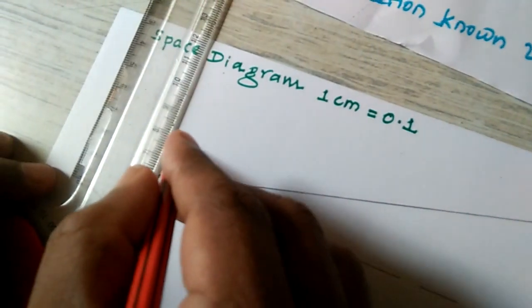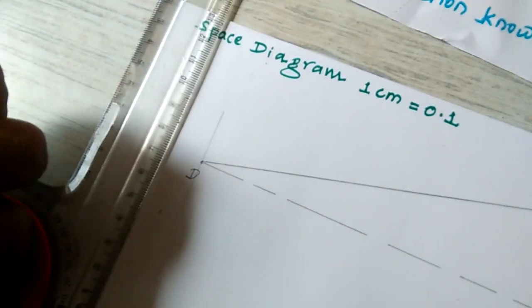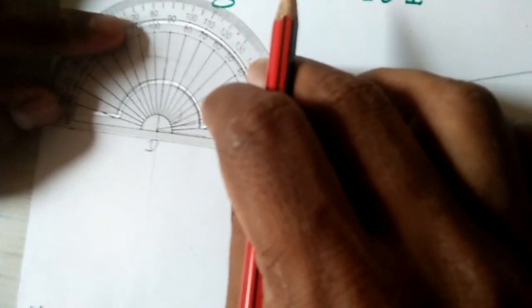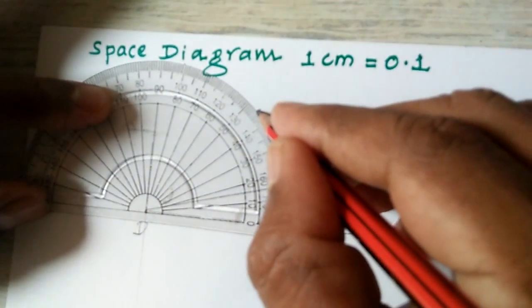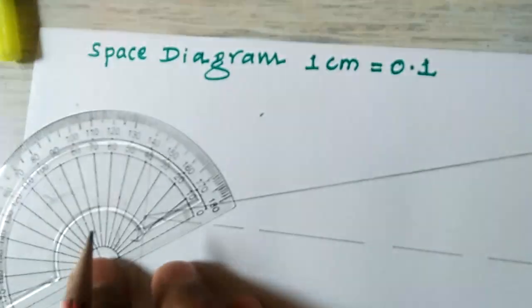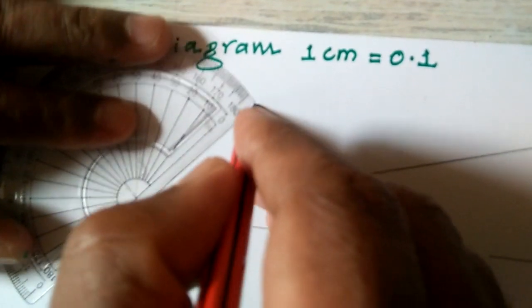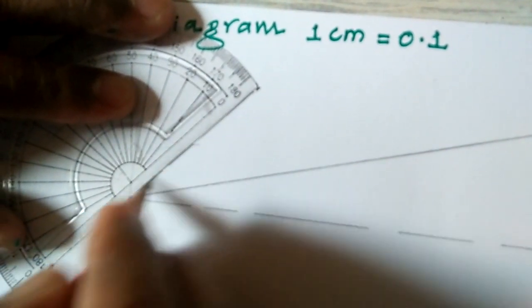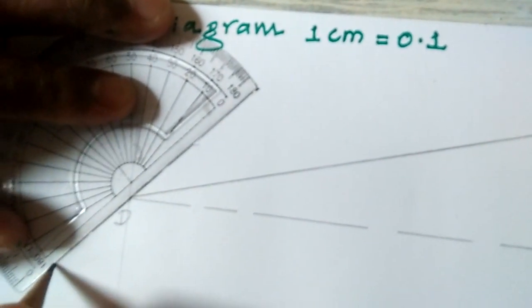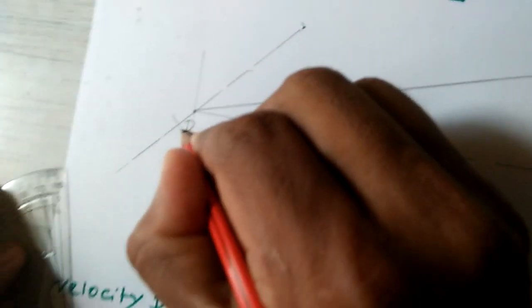Okay, from this once again the slider oscillates, the motion will be at a 45 degree. You have to mark a 45 degree. It comes approximately here. Then 45 degree, that is the slider motion. This is a slider.